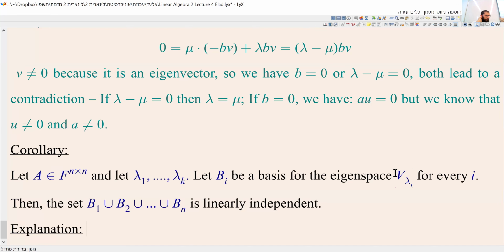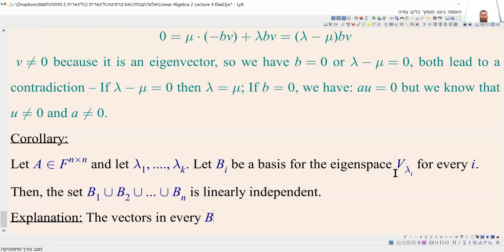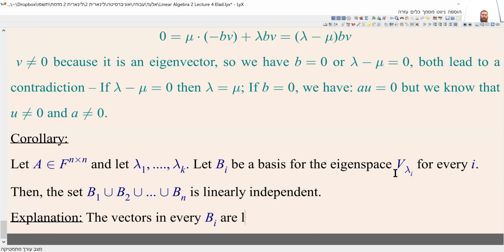We can explain as I already explained. The vectors in every Bi are linearly independent because it's a basis, by definition.